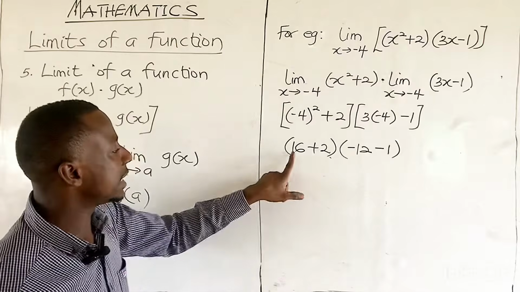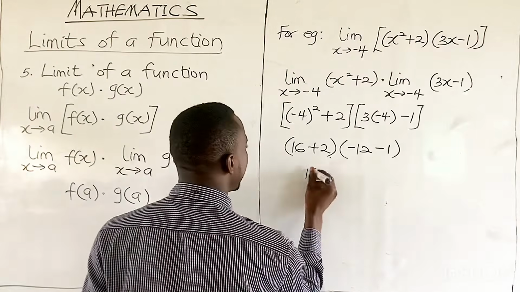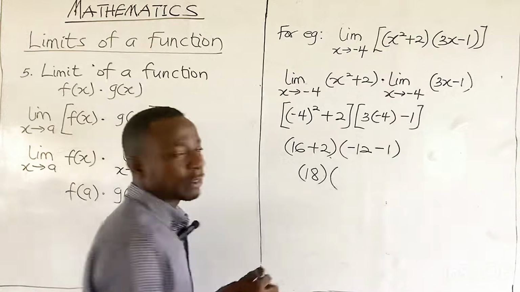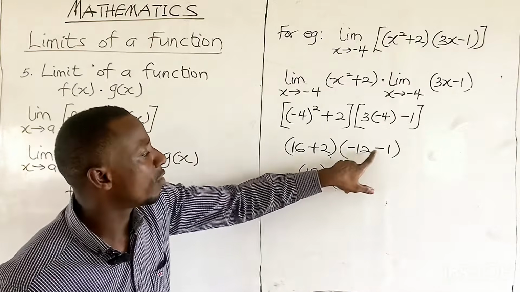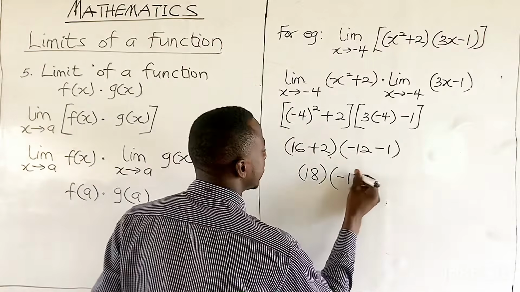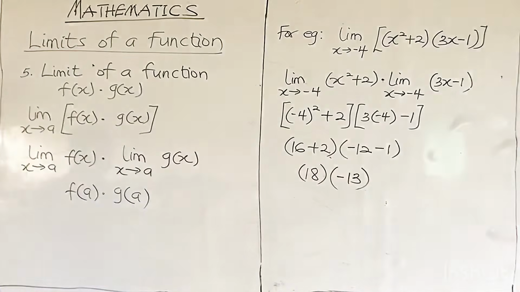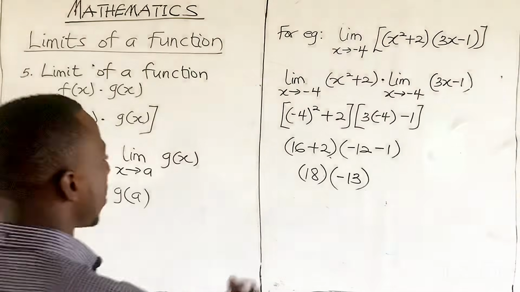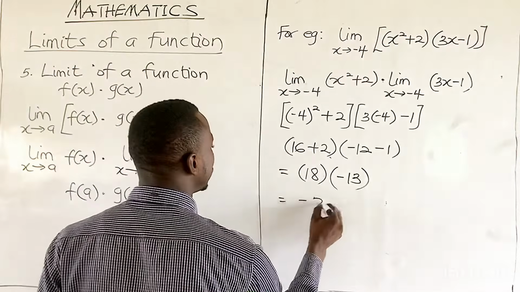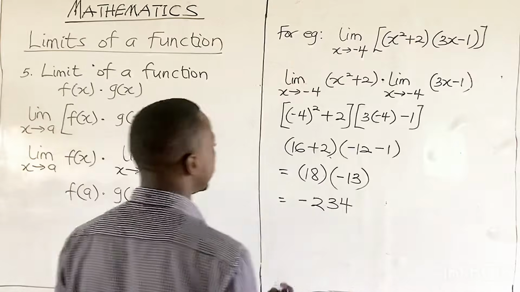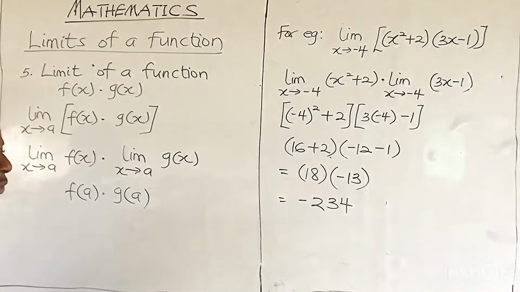So 16 plus 2, we have 18, multiplying -12 minus 1, we have -13. Now we are going to multiply the 18 and the -13, and when we multiply them, we get -234 as the final answer.